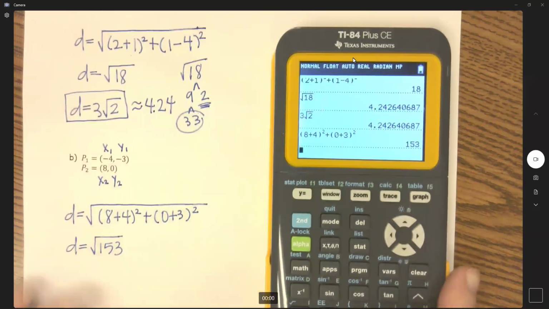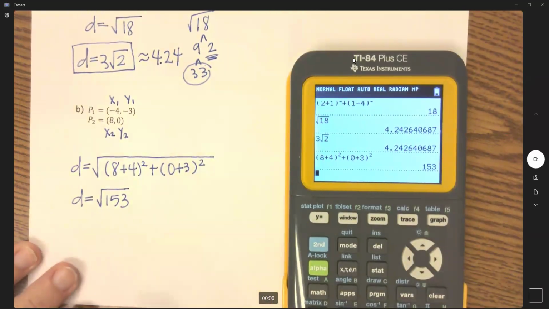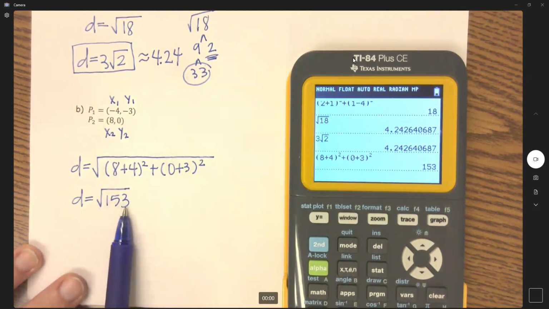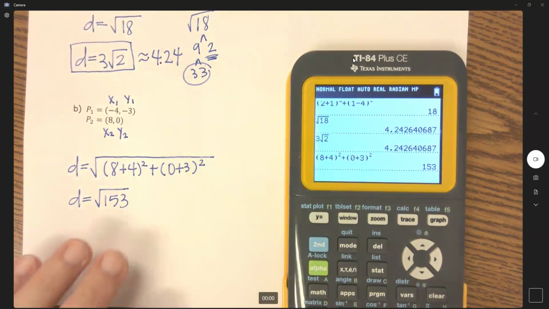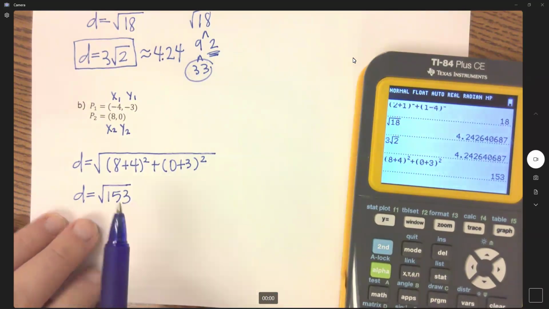153 might look like a prime number, but it is not. I can tell I can divide this by 3 because 1 plus 5 is 6 plus 3 is 9. And so if this adds up to something that's a multiple of 3, it's divisible by 3. And actually the same works for 9 as well, because you add those all up and it adds up to 9.